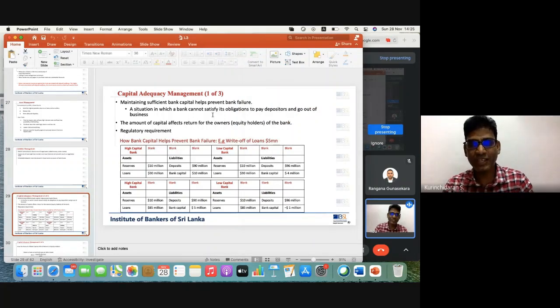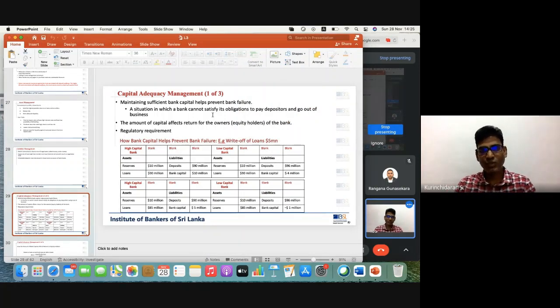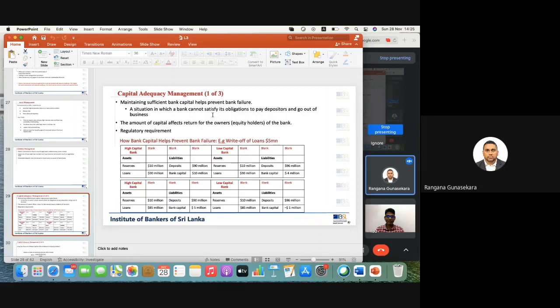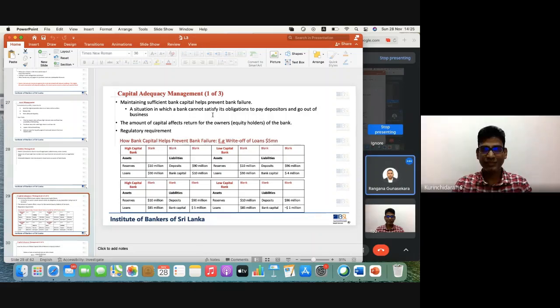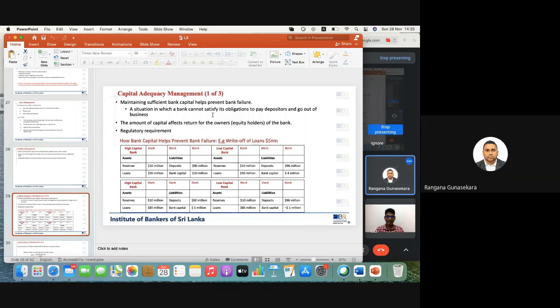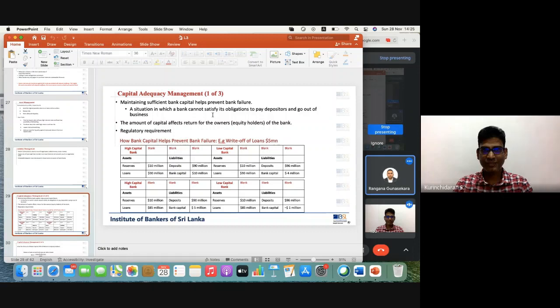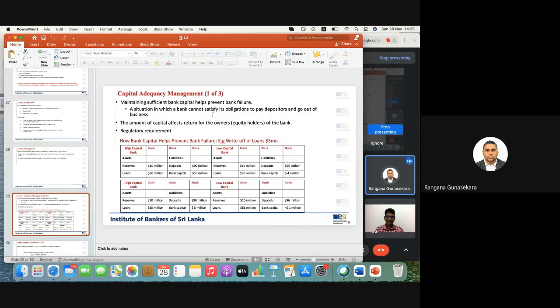What are the requirements in the Sri Lankan market? Or what are the Central Bank of Sri Lanka requirements on capital adequacy? Any idea? Certain percentages on loans, and depending on the risk categories of the loans, a certain level of capital adequacy ratio should be maintained by the banks.